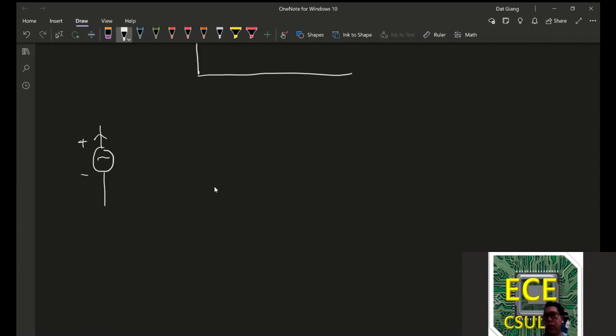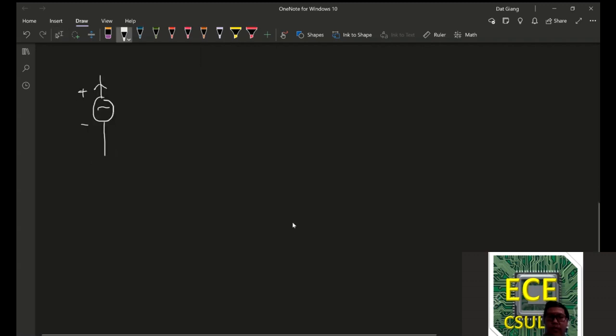Okay, so in terms of how to generate an AC signal, we usually have some kind of voltage curve, which is equal to some maximum voltage that it can generate, times the sine or cosine of some angular frequency, plus some phase shift. And then if we want to complete it, we can maybe add an offset.